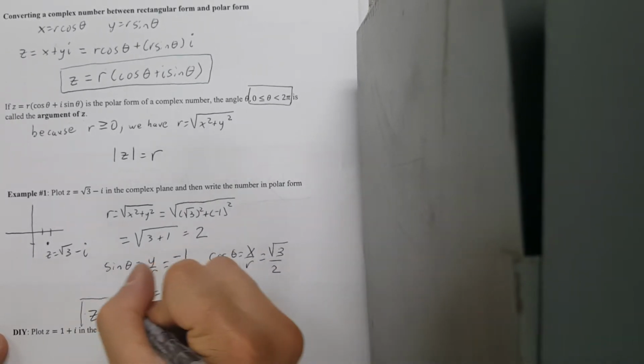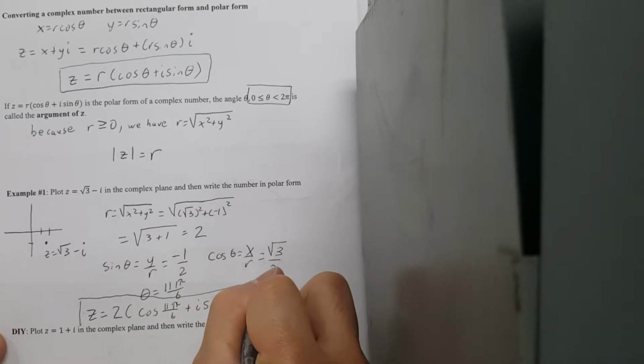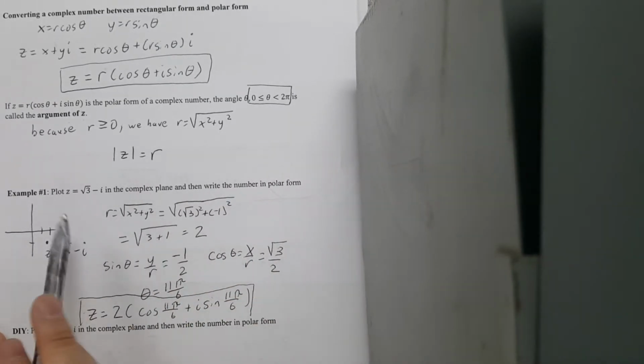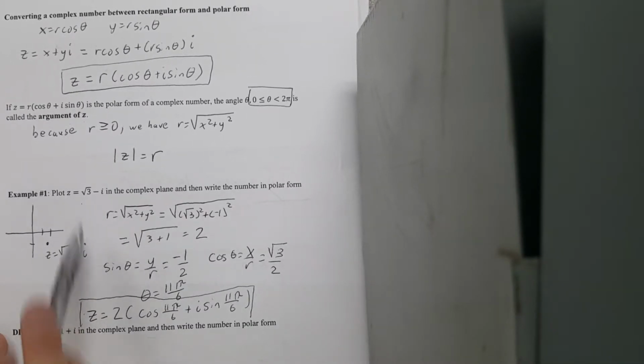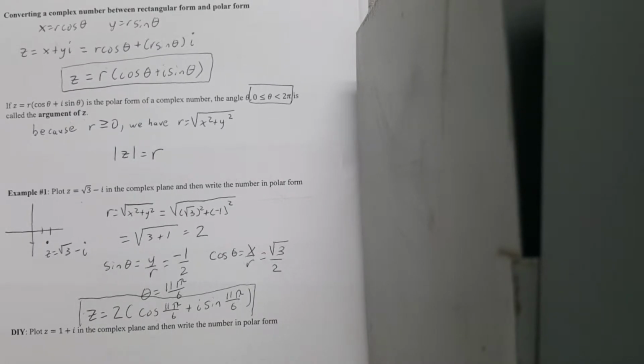And this is my complex number. So that rectangular coordinate is that in the polar coordinates.